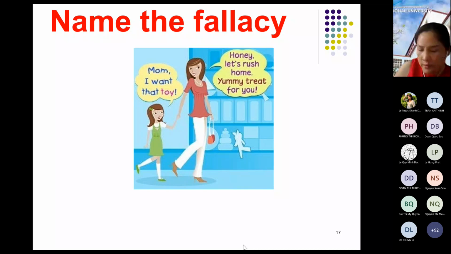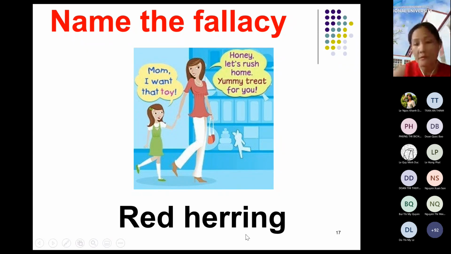The daughter wants the toy, and the mom says, "Let's rush home, let's run home, yummy treat for you." So it's related to food. That is changing the topic, and I believe mommy did it a lot. I did it to my daughter as well. We changed the topic totally, from the toy to the food. So this is more of a red herring. Ngọc Thảo got the bonus.